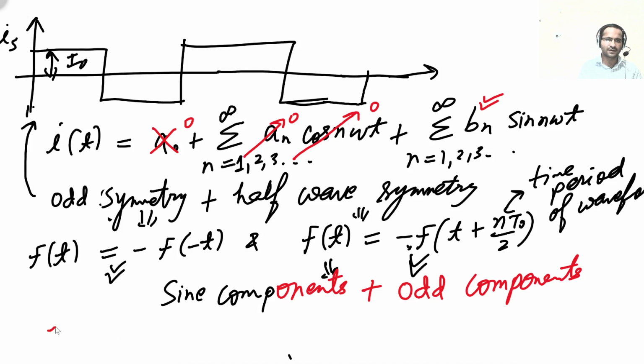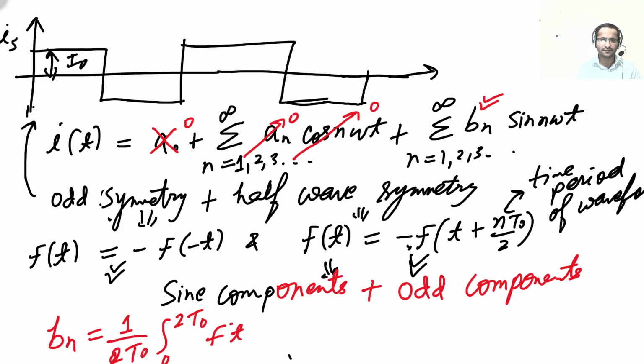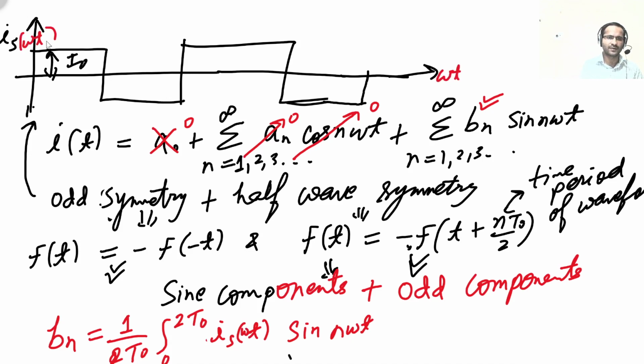So if you calculate bn by using this formula, 0 to 2 pi, where T0 is again the time period of the waveform, then f(t), which is here, multiplied with sin n omega t d omega t. This is the omega t axis, so it is varying with respect to omega t.